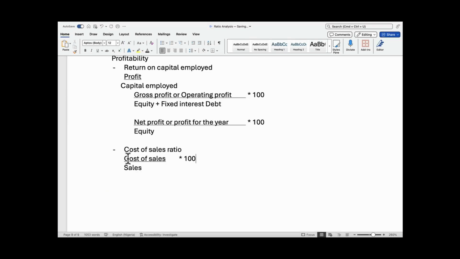And this ratio looks at the amount of cost of sales that is incurred on every sale that you make.